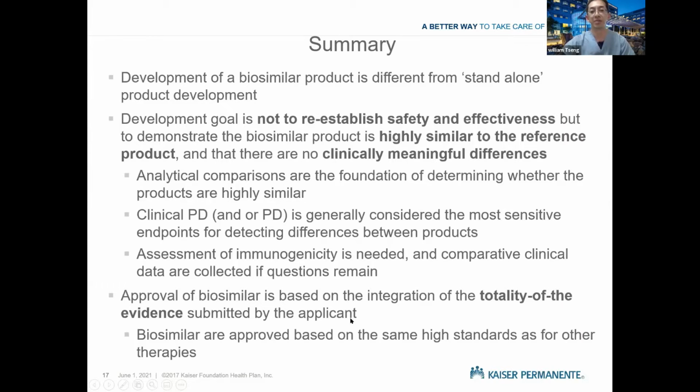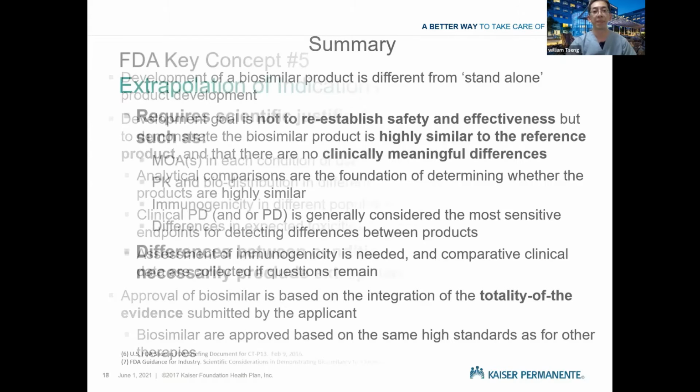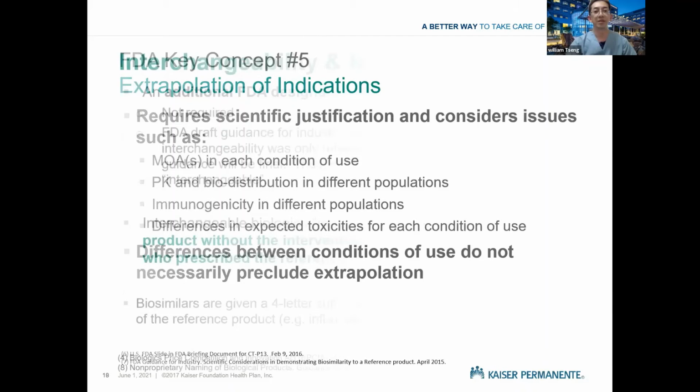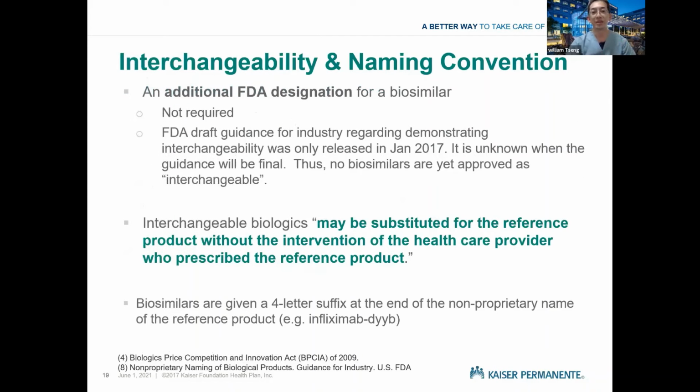And approval of a biosimilar is based on the totality of the evidence, so looking at the entire picture rather than just pieces of it. And again, it's still based on high standards as any other therapy. Oh, and then the interchangeable, the way they make the name is really odd, and I'll let Rebecca talk about that a little later.